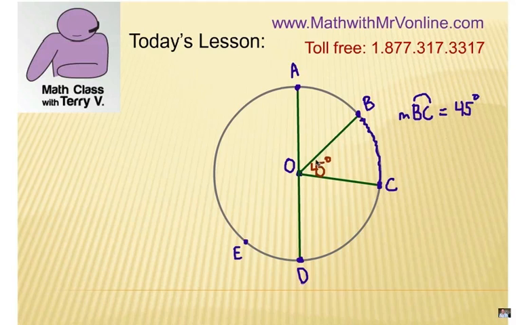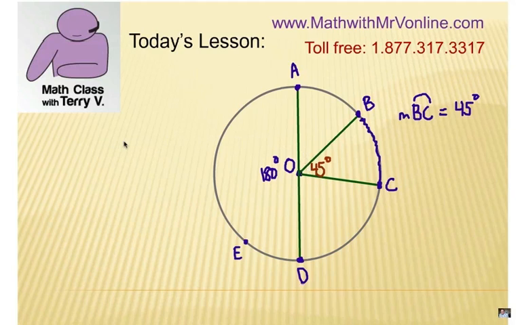All right. So we can also figure out some of these other things. Also notice that if I have a diameter, and I can tell because it comes through the center of the circle at point O, that's a semicircle arc, isn't it? Because that's 180 degrees there. Obviously, if it's a diameter, it's a 180 degree angle inside there and on the other side.